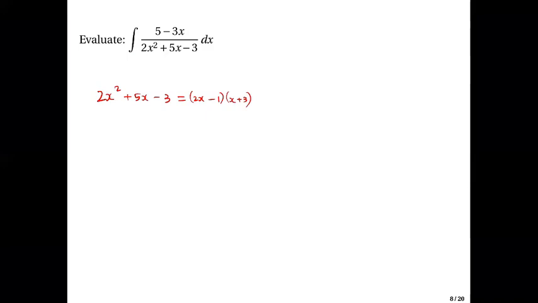So we have 5 minus 3x over 2x minus 1 times x plus 3. We can rewrite this as a over 2x minus 1 plus b over x plus 3.